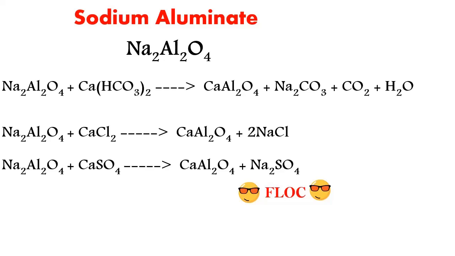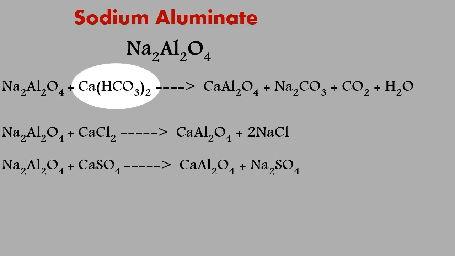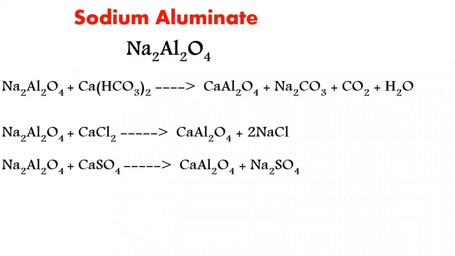Now, a very interesting thing here is, if the water has bicarbonate alkalinity, then sodium aluminate will react with that and produce its compounds, that floc. And if alkalinity is not there, then it will still act as a coagulant, which is a positive thing compared to alum. Alum works only when it is alkaline, then only that reaction takes place. But here, alkalinity is not there, and still sodium aluminate can react and produce floc.